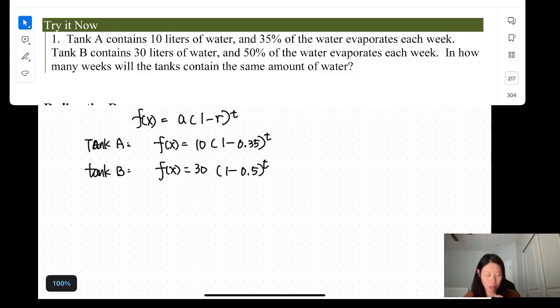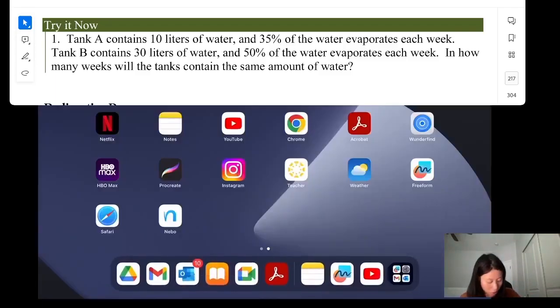It's a similar process. We want them to have the same amount, so that means I want these two equations to be equal. You can calculate everything inside the parentheses first.